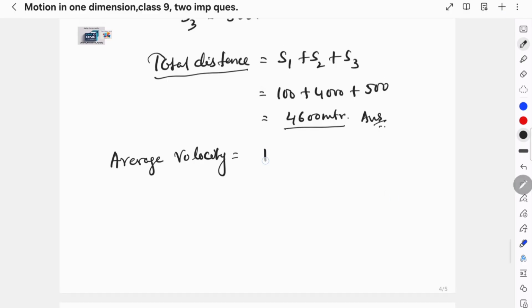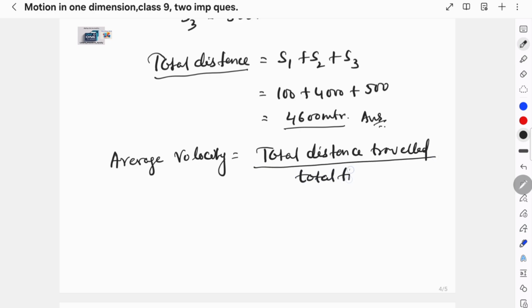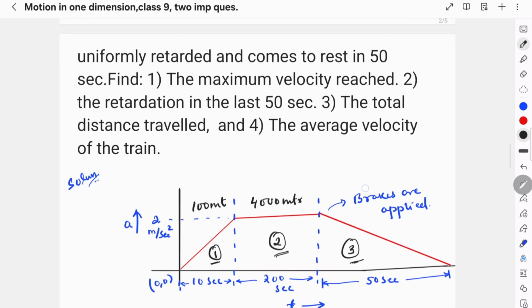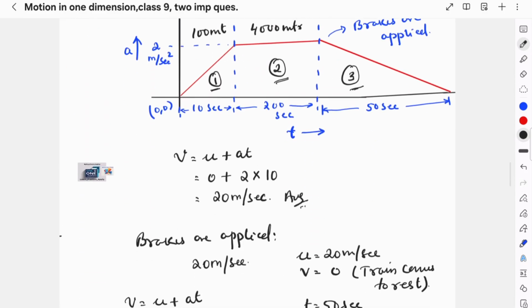Average velocity will be total distance traveled by the total time taken. So total distance traveled, we know it is 4600 meters. And what is the total time taken? We have it in the graph itself.